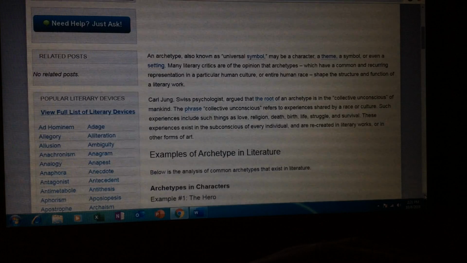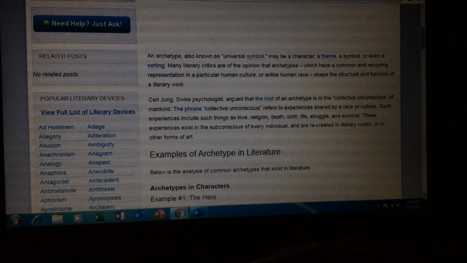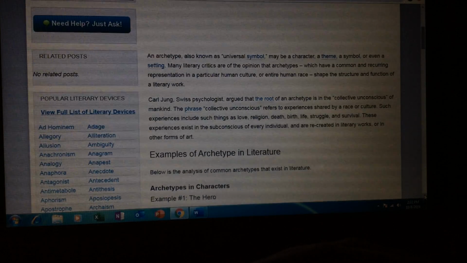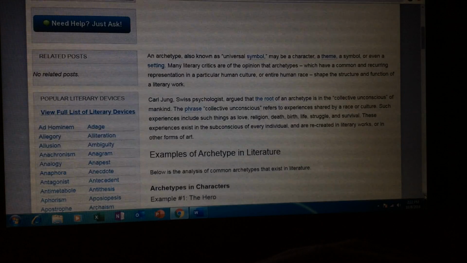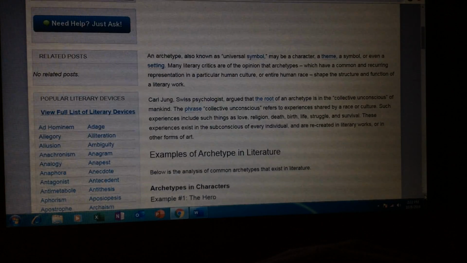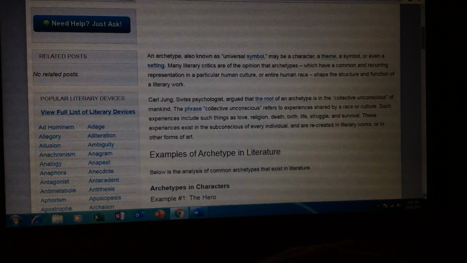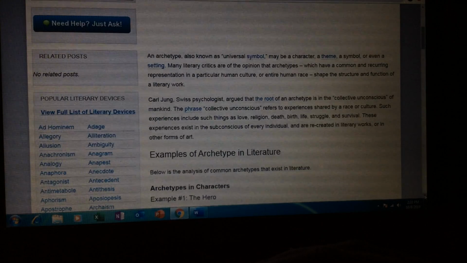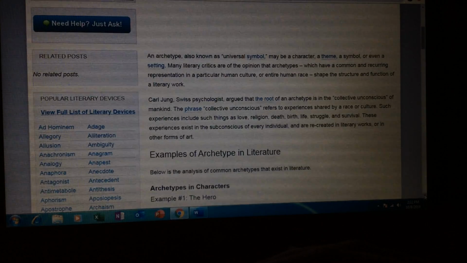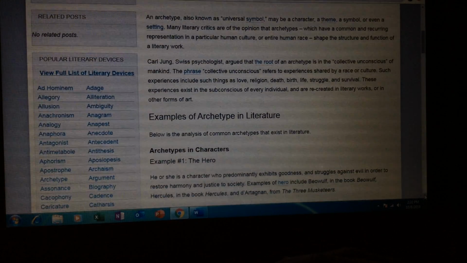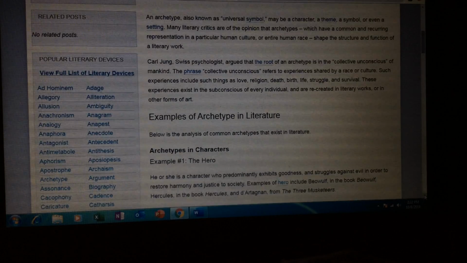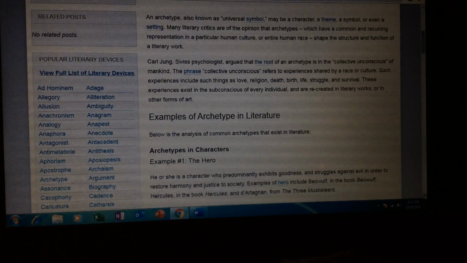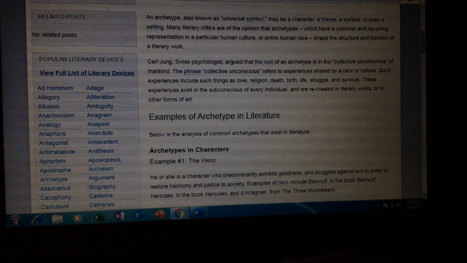Many literary critics are of the opinion that archetypes, which have a common and recurring representation in a particular human culture or entire human race, shape the structure and function of a literary work. Carl Jung, a Swiss psychologist, argued that the root of an archetype is in the collective unconscious of mankind.